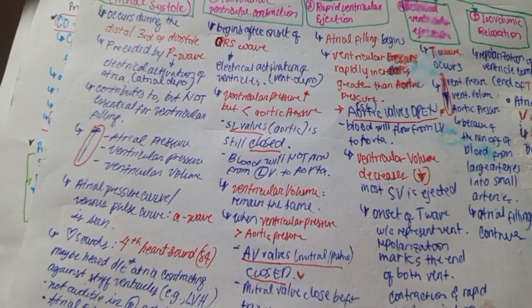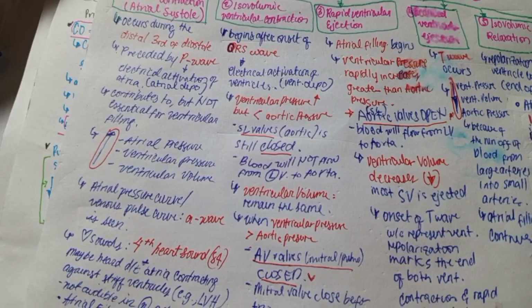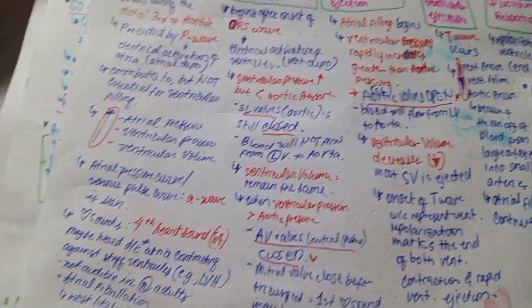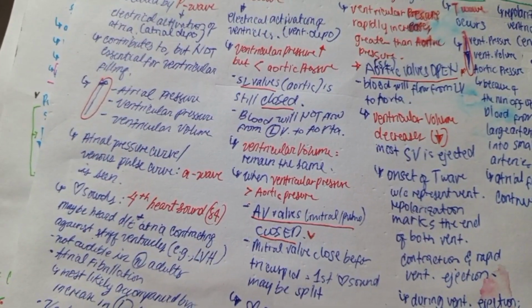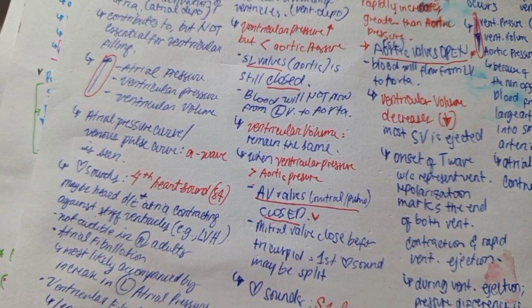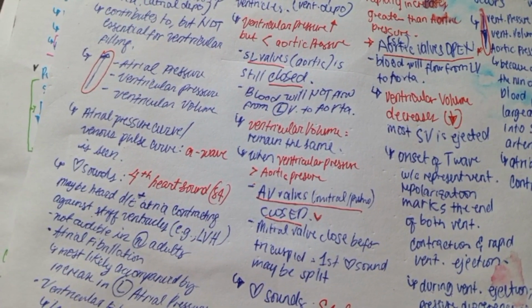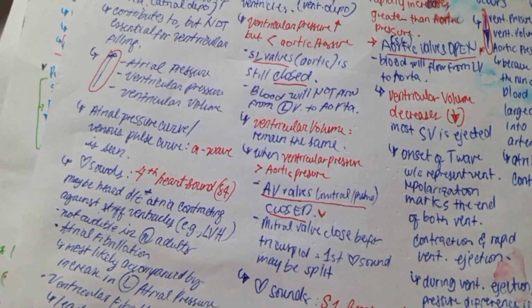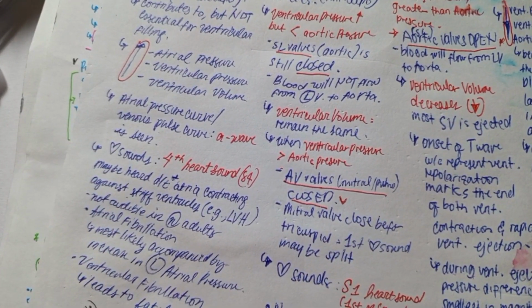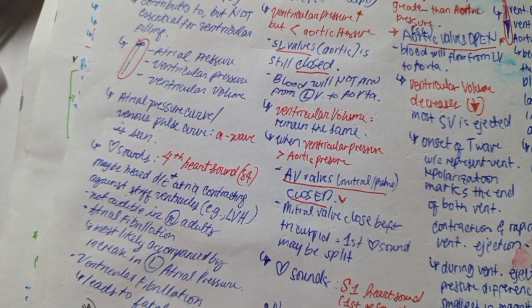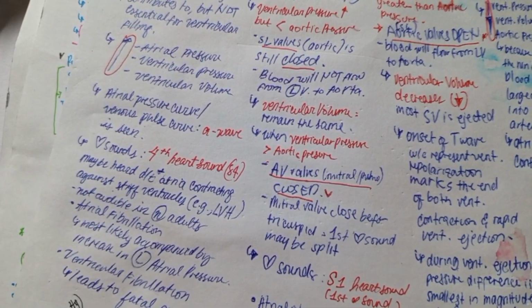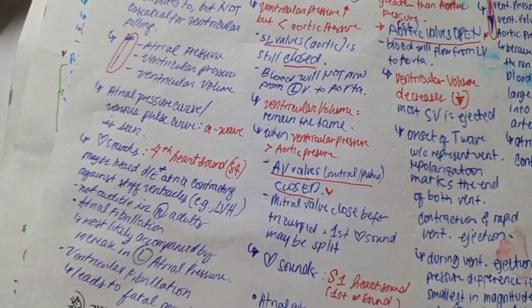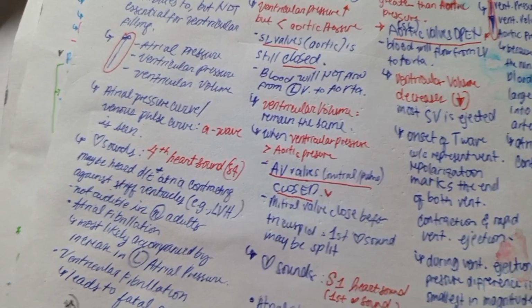And the heart sound that can be heard at the atrial contraction phase is the S4, or the fourth heart sound, and it may be heard due to the atria contracting against the ventricles, which are stiff. An example for this is patients with left ventricular hypertrophy, where we can hear the S4.